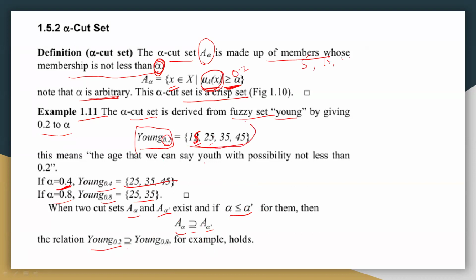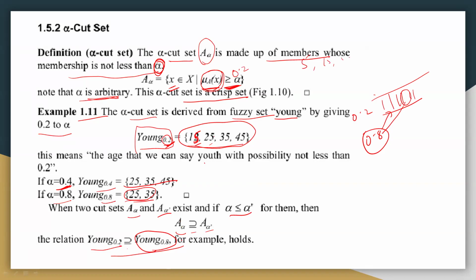Naturally, young of 0.2 has more elements than young of 0.8, because young of 0.8 is 25 and 35 only. We know that 0.2 is lesser than 0.8, so we will have more elements here. All the elements in 0.8 will also fall in the category of 0.2. So this example will hold.